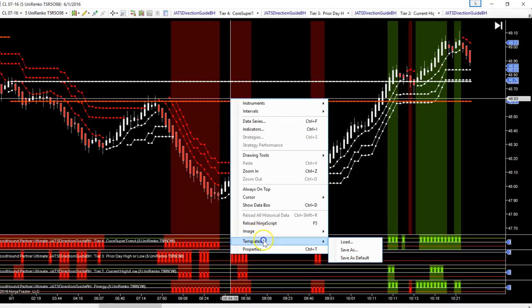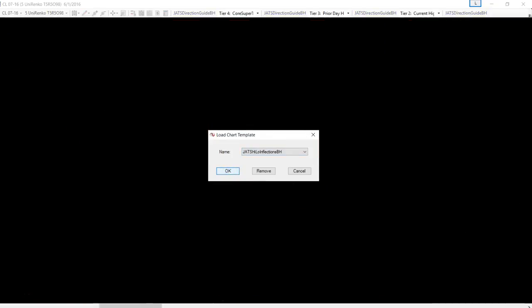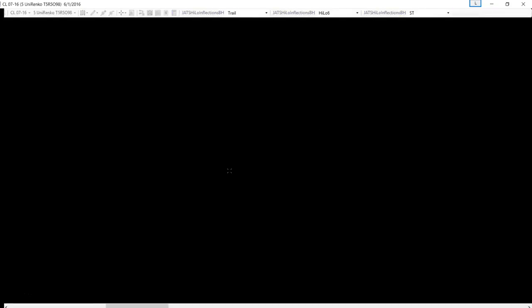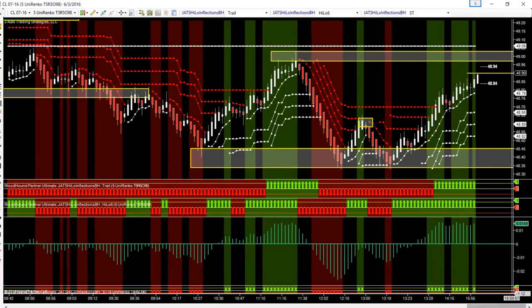My second template is the HighLow Inflections. And I love this because I use this with my direction guide template. So I have my HighLow Inflections that is not tied to the core.